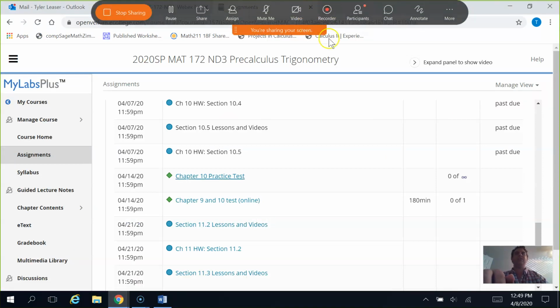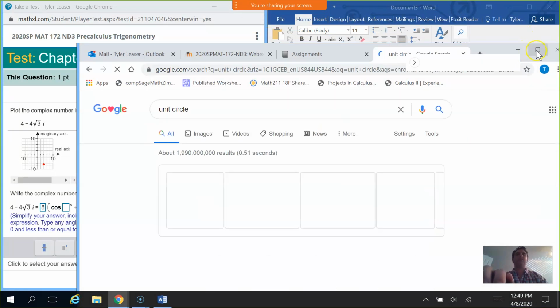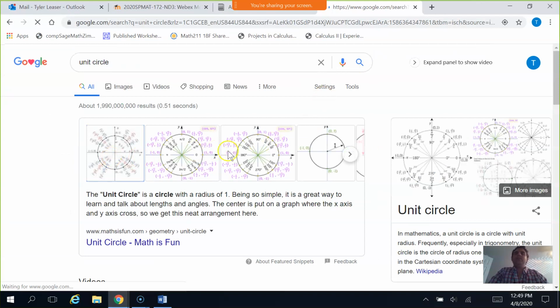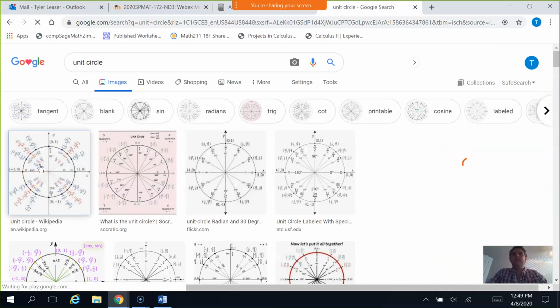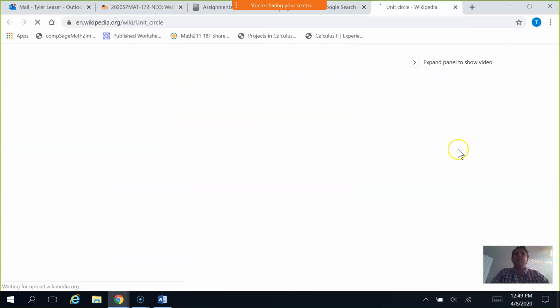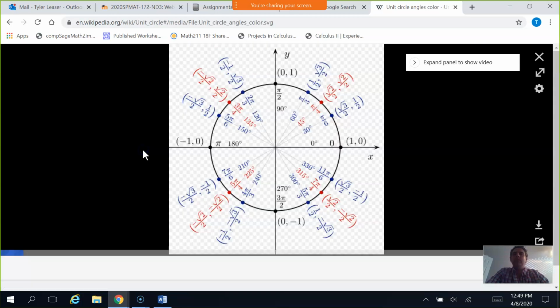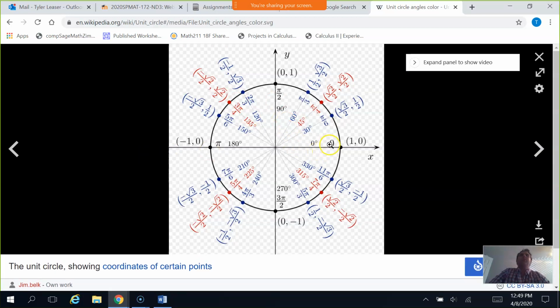So let me find a unit circle here. Okay, so we're looking for where the tangent is root 3, but it has to be in the right quadrant. We already decided that our point was here in the 4th quadrant.